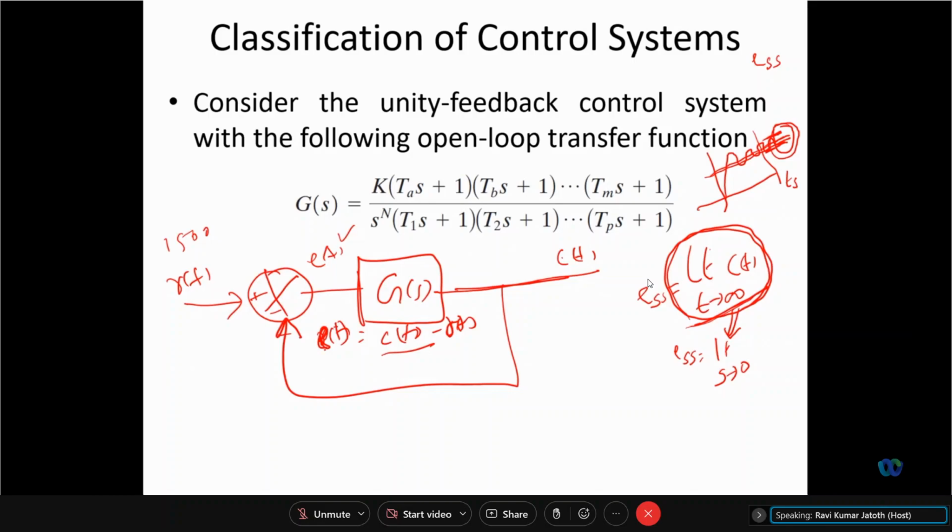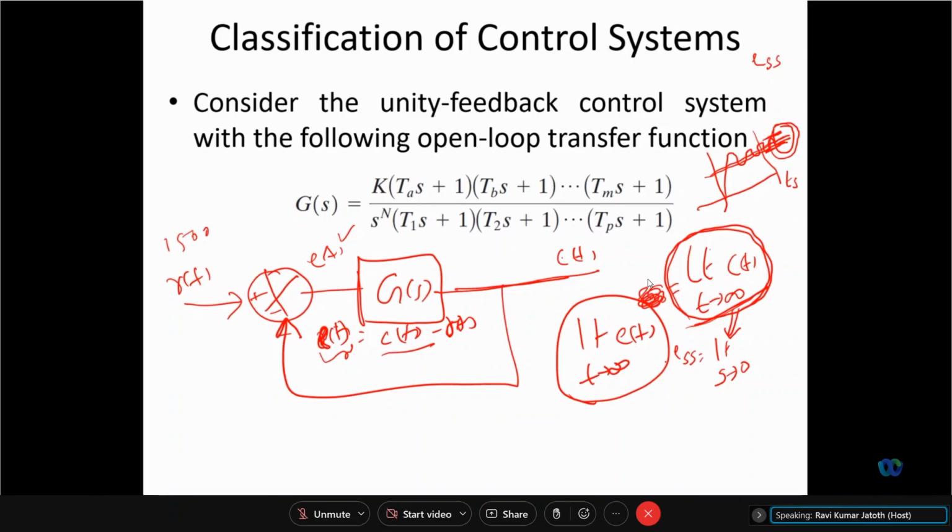Now we want to see whether this error is going to become 0 or not. That means we have to find the limit t tends to infinity of c(t), how this error is going to change. e(t) = c(t) minus r(t), and t tends to infinity e(t).